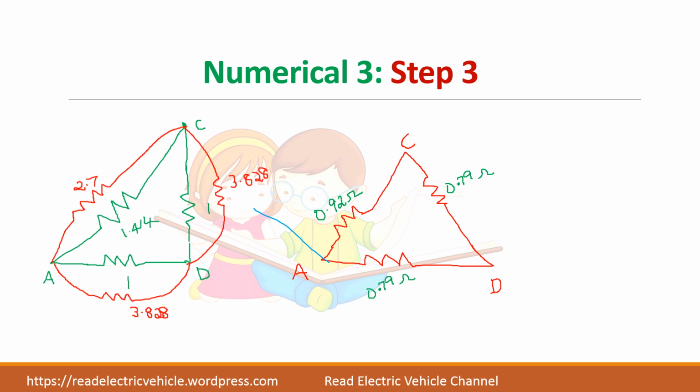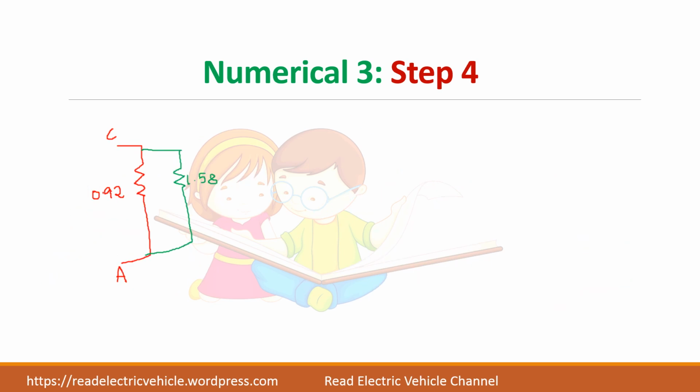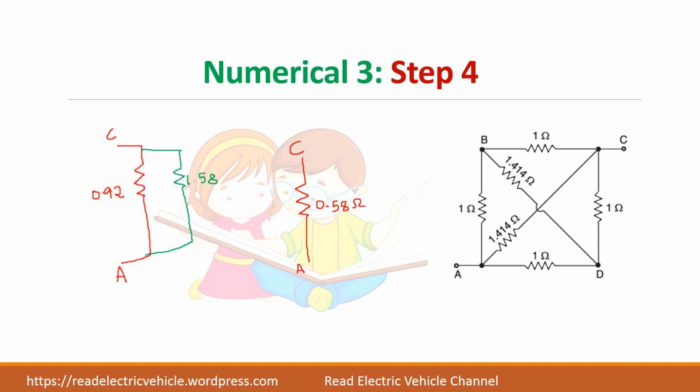Across this one only you need. These two you can add, so you will get 1.58 if you add these two. Then these two are in parallel, so you can find the equivalent value. So the question though appears to be difficult, actually it is easy to solve using star delta transformation.